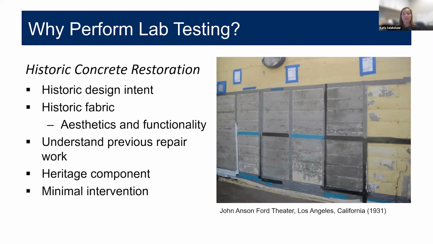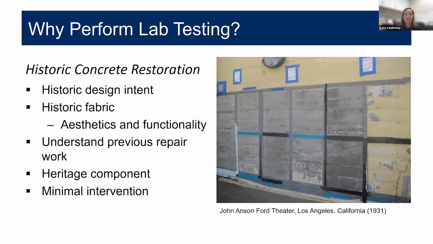Performing lab testing for modern materials is relatively straightforward, but when you add in a historic component, the evaluation becomes much more advanced. And so to perform an analysis on historic materials, you really need to have an understanding of the period of significance, understand the original construction techniques, and be able to identify significant elements and other aspects that are important for historic properties and materials.